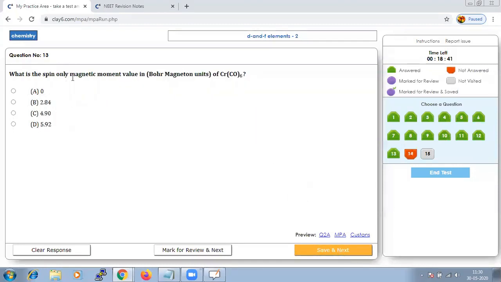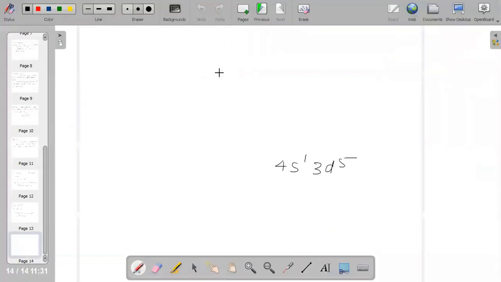What is the spin only magnetic moment value of Cr(CO)6? It is just a simple calculation using the formula again. For Cr(CO)6, the electronic configuration is argon 3d5 4s1.